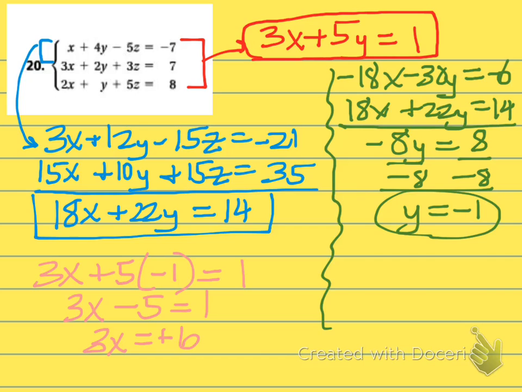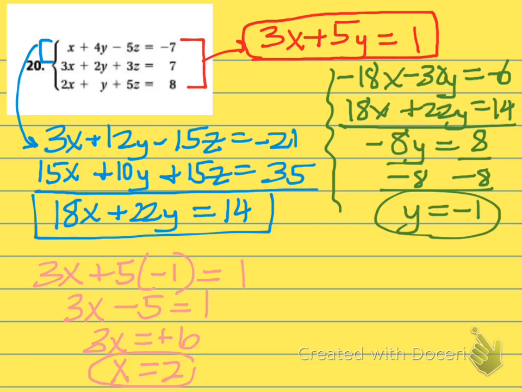And if I divide both sides by 3, x comes out to be 2. So now we have an x and we have a y. All we have left is to find that z value, right? So let's do that.